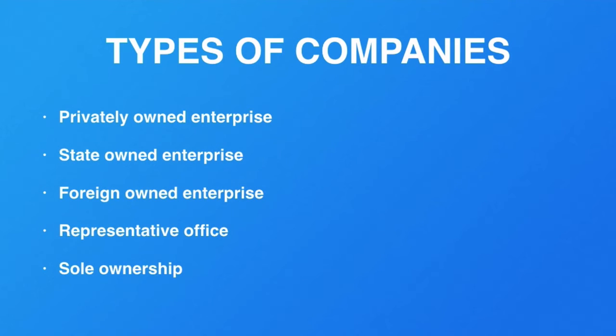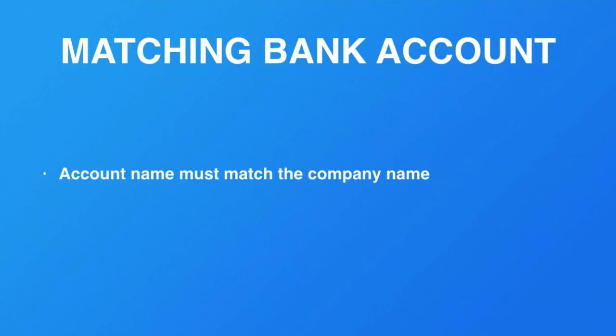Or if it's a sole ownership, usually a smaller company. You'll find many of this type of company on Alibaba. Something you want to take precaution with is to match their bank account name with the company name on their business license.